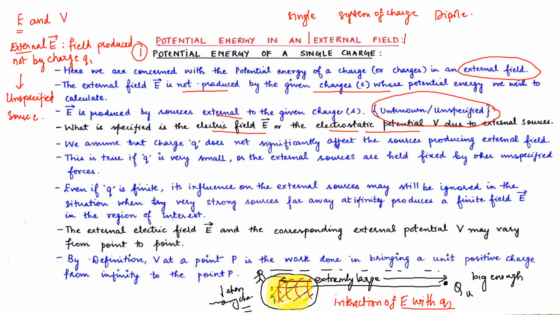We know that electric field definition is given on the basis of the electric field lines. Secondly, we define electric field as Q upon 4 pi epsilon naught r square. Secondly, potential is defined as QE.